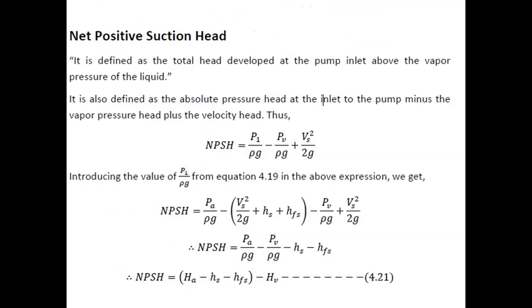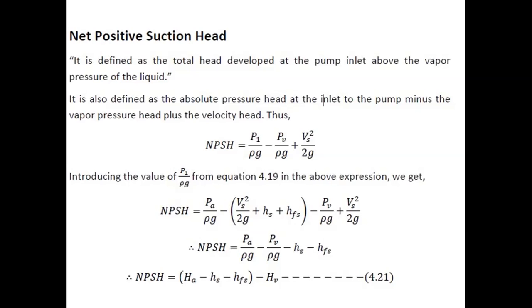Introducing the value of P1/ρg from equation 4.19 in the above expression, we get NPSH = PA/ρg − Vs²/2g − HS − HFS − PV/ρg + Vs²/2g.